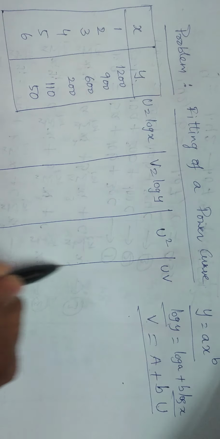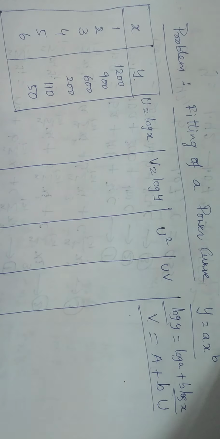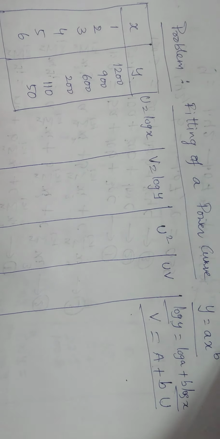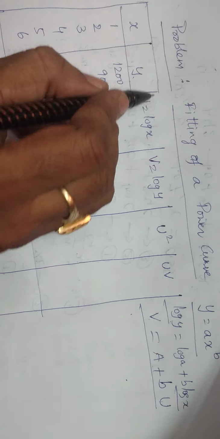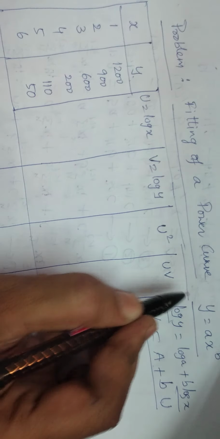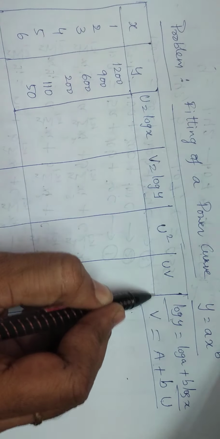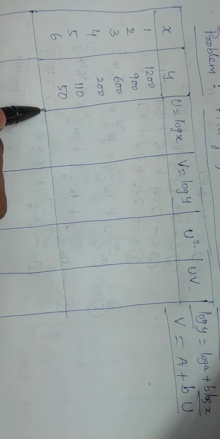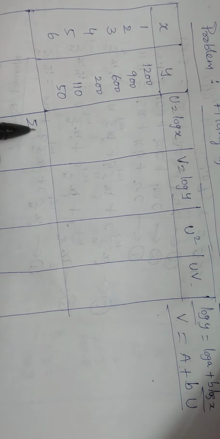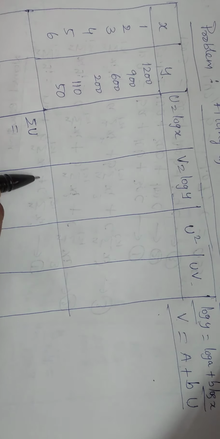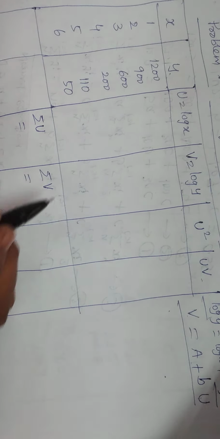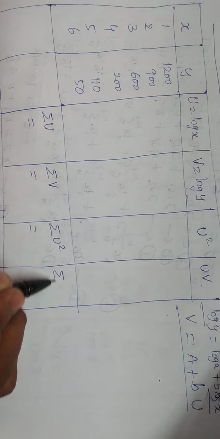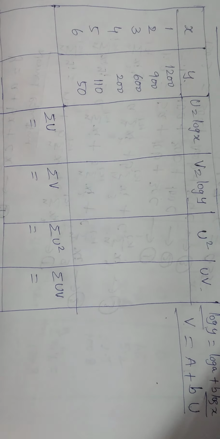These are all the values required in the table, so I extend the table, and then I want the summations, which means the totals of u, v, u square and uv, these four totals. So this is summation u, summation v, summation u square, and summation uv. These are the quantities required to calculate.